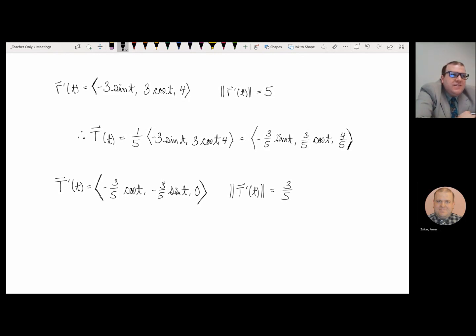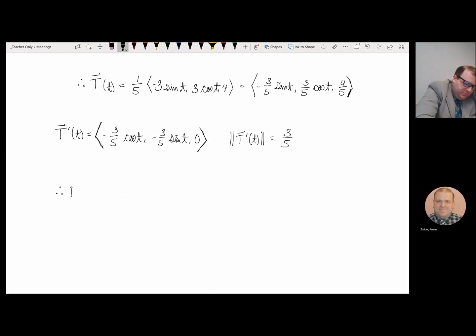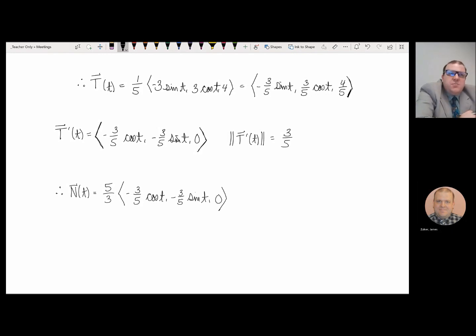Just 3/5. Our normal vector is 5/3 times our T. And then just distribute the 5/3 through.